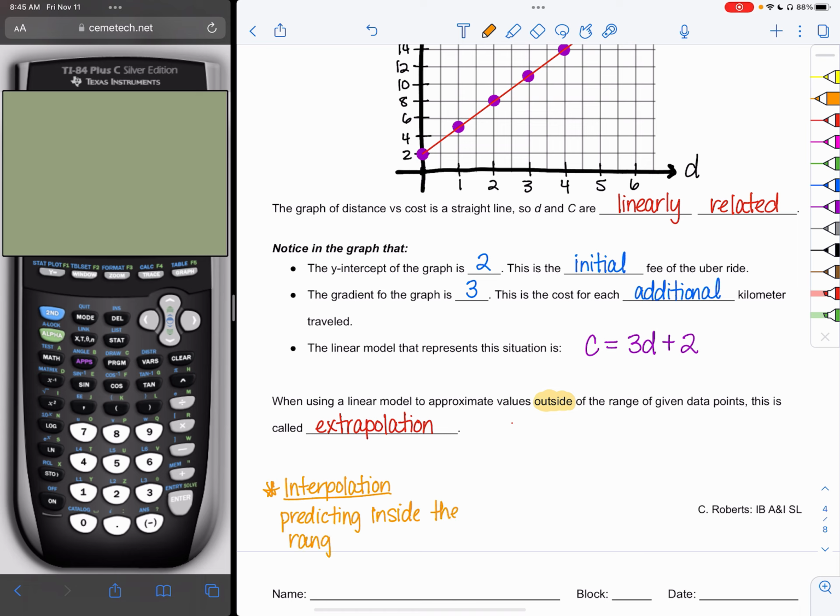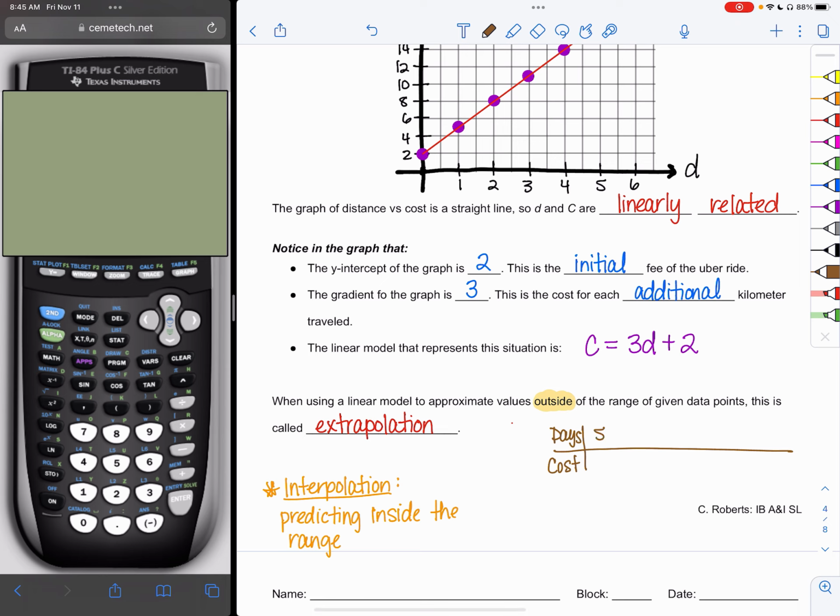When we have extrapolation, a lot of the time that is not accurate, or it can be accurate sometimes and not accurate at other times. Let's say you are looking at the number of days that you leave your dog in a doggy daycare versus the cost.